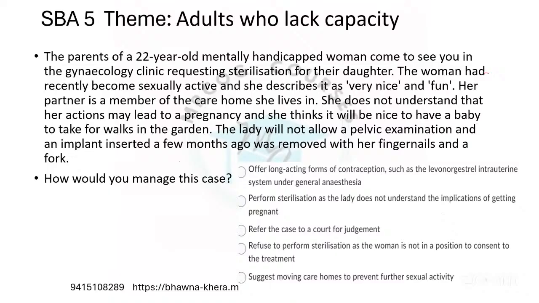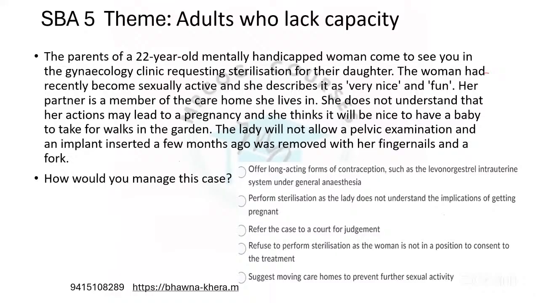Now, coming to the next question. The parents of a 22-year-old mentally handicapped woman came to see you in the gynecology clinic requesting sterilization for their daughter. The woman had recently become sexually active and she describes it as very nice and fun. Her partner is a member of the care home she lives in.